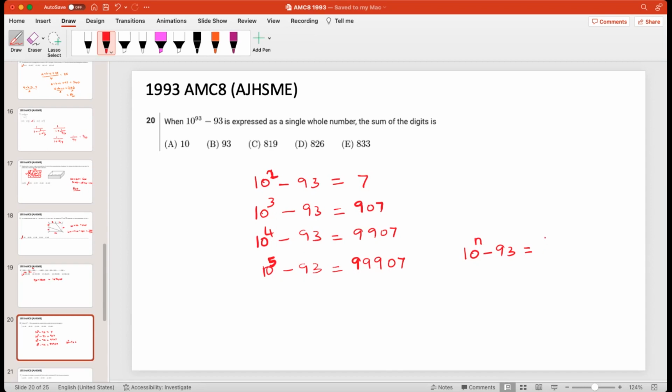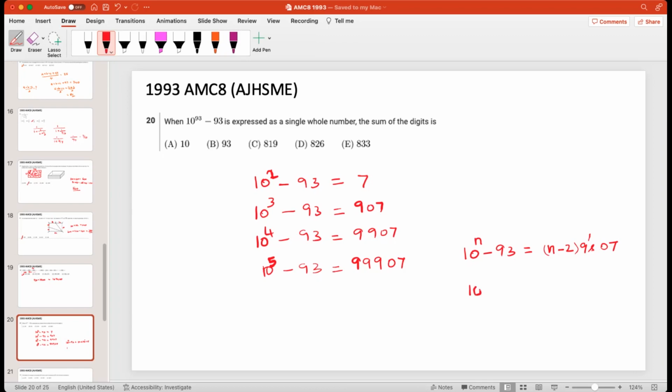Am I correct? So it is n minus 2. N minus 2 nines, followed by the last two digits, which are always 07. Okay, so this is the generic way of writing this.